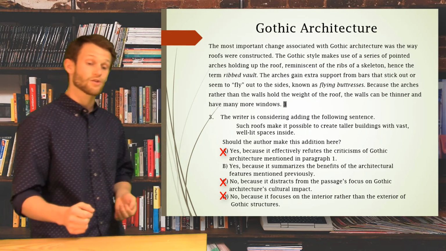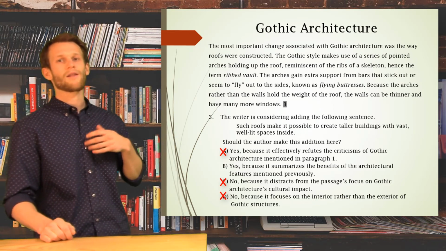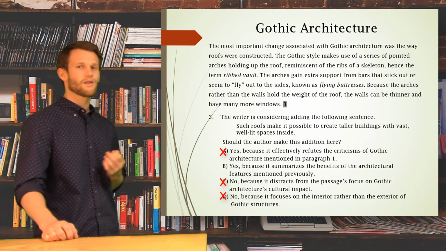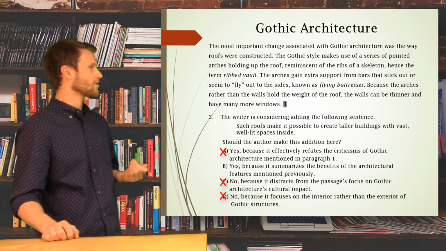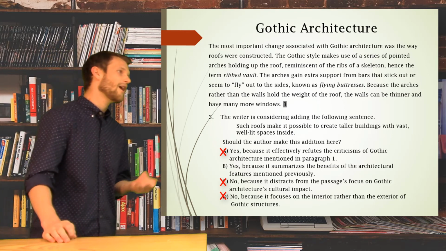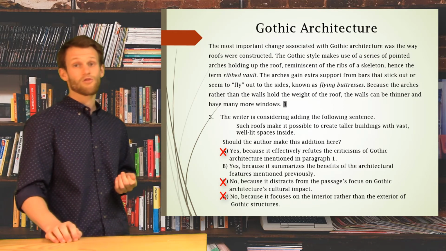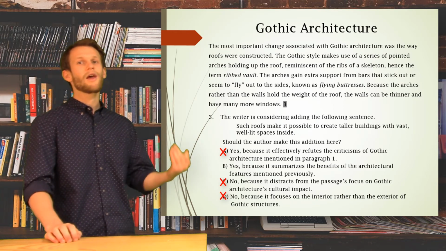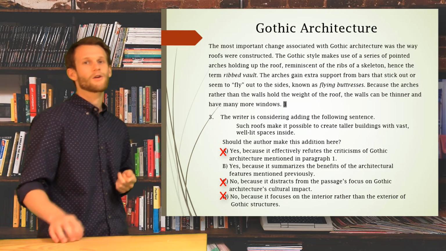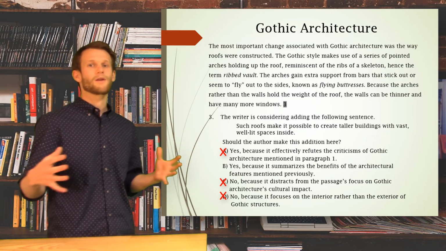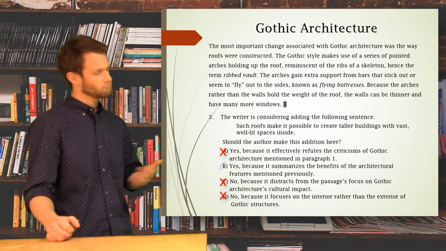So all we have to do is make sure that B makes sense. And that one's saying that it summarizes the benefits of the architectural features mentioned previously. A fancy way of saying it's explaining why flying buttresses and ribbed vaults are good. And that's true. It's doing exactly that. It's saying that these special features of Gothic architecture made for really big, open, pretty buildings with lots of windows. Yeah, that makes sense.